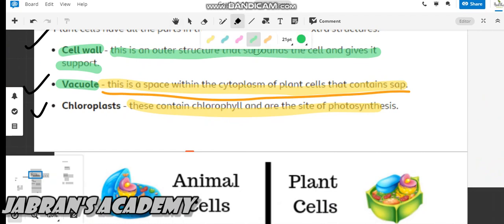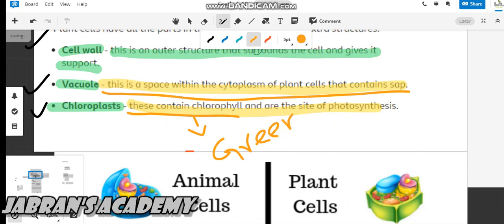What is the next thing? This is the chloroplast. This is the green pigment of the plant. It is present at the place where photosynthesis occurs, and it is mostly present in the green parts of the plant. It is the site of photosynthesis.